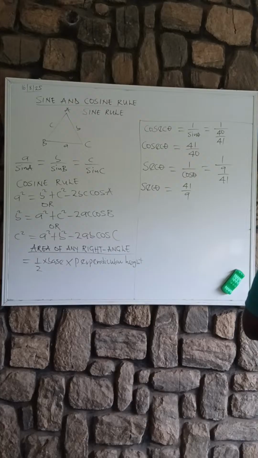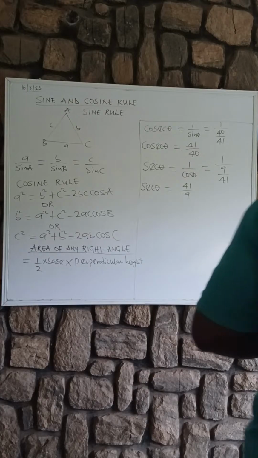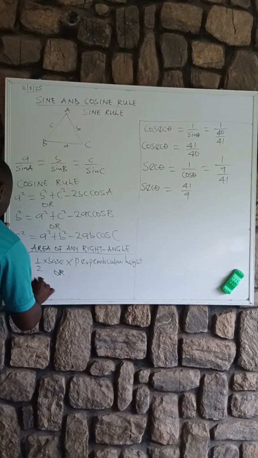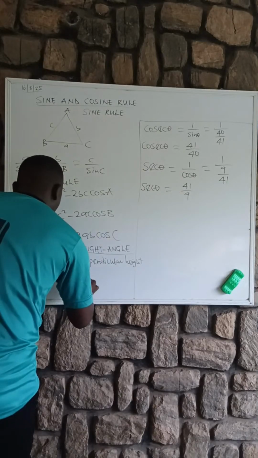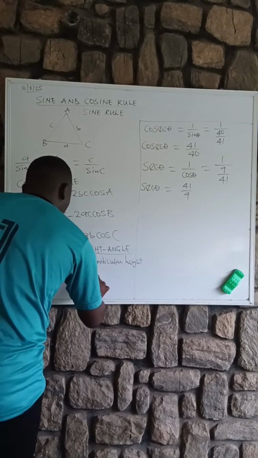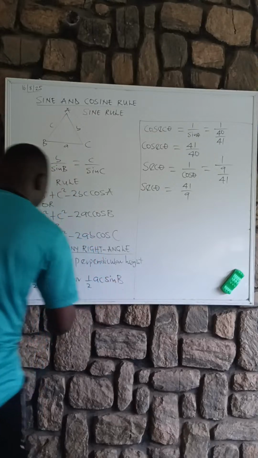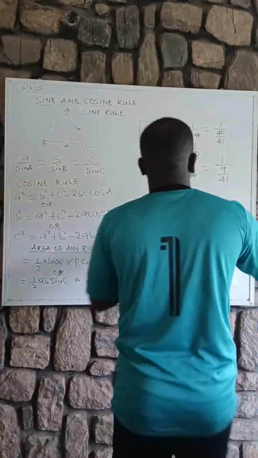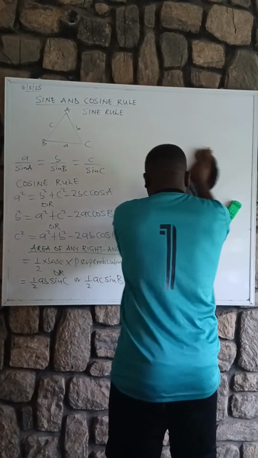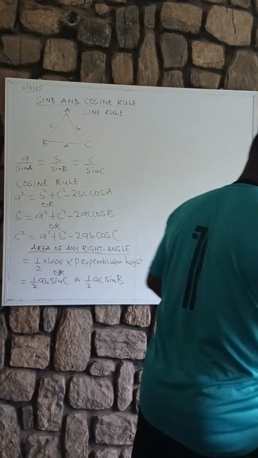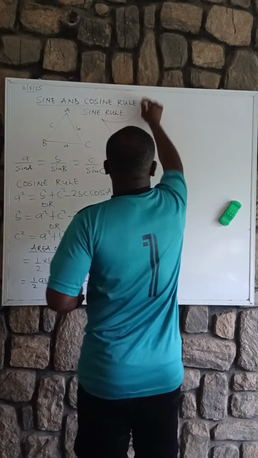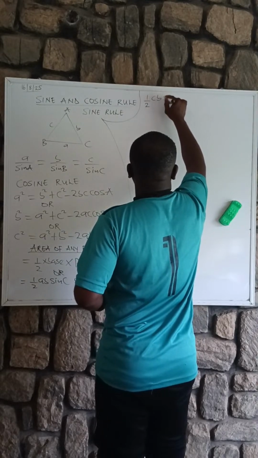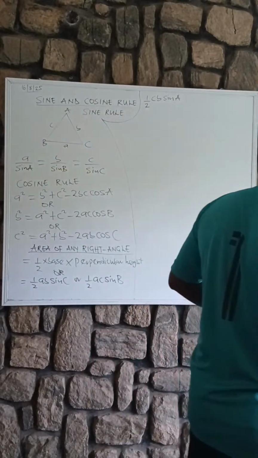Area of any triangle is half times AB sine C, or half times AC sine B, or half times CB sine A, right?